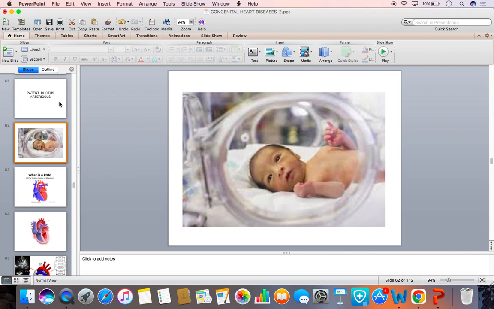So, patent ductus, that's the reason why, is a part of the complex cardiac anomalies in order to sustain a life.